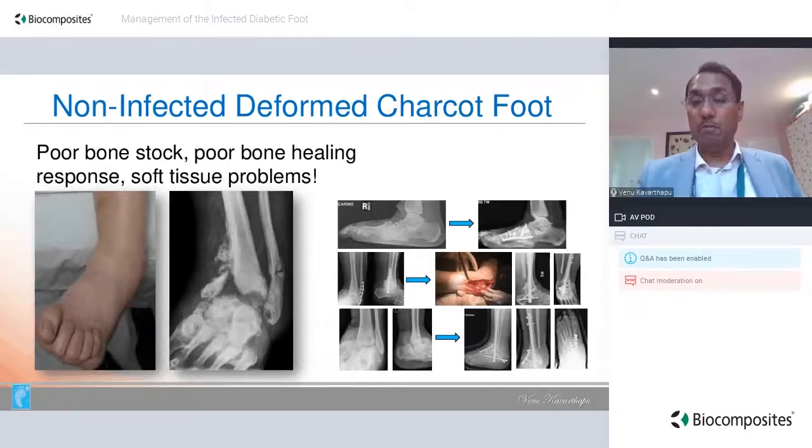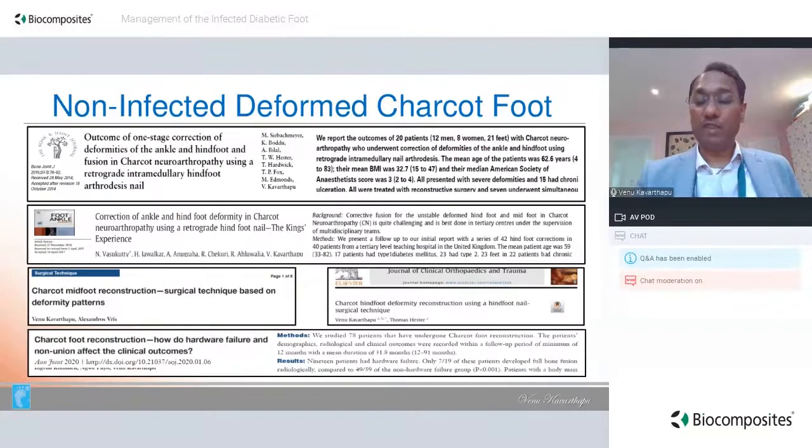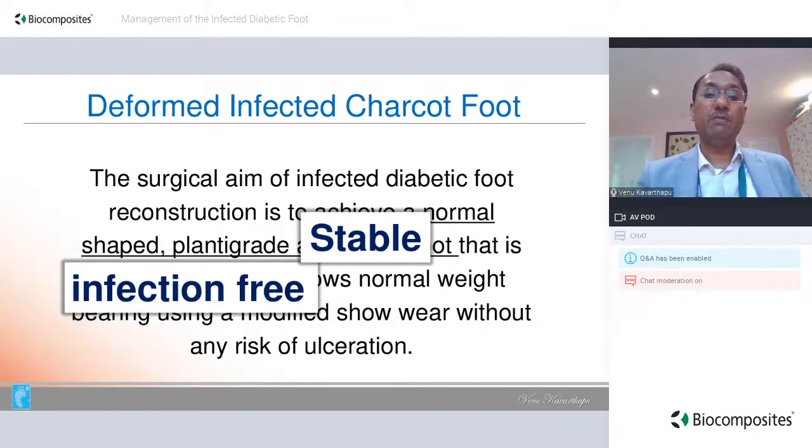We know that, but we're talking about infected Charcot foot reconstructions. Non-infected Charcot foot reconstructions have reasonably predictable outcomes, and we have plenty of literature to support that. But when it comes to deformed infected Charcot foot reconstruction, we need to achieve stable fusion as we do with non-infected Charcot foot reconstruction, but at the same time in a totally infection-free environment.